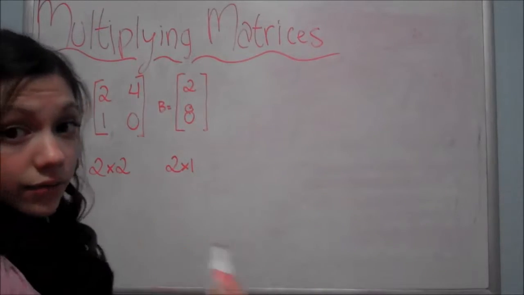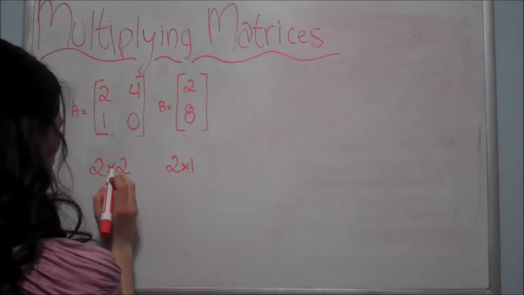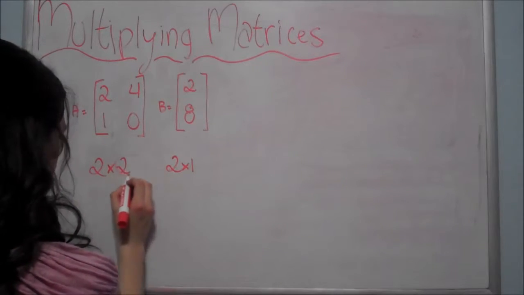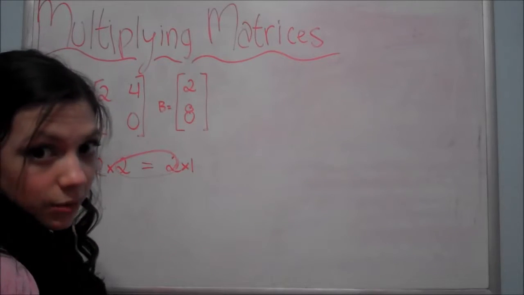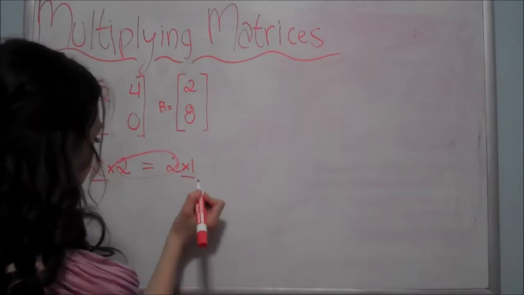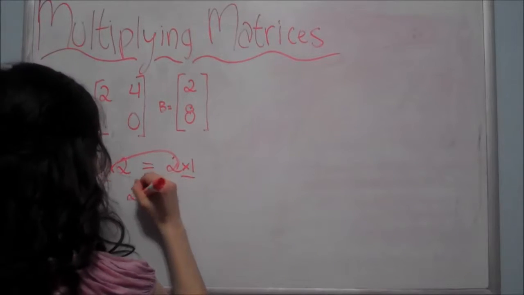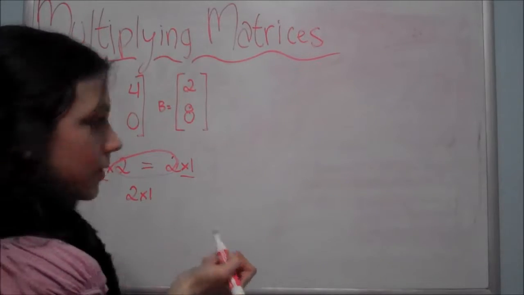To see if this is even possible to solve, we circle the last and the first of the 2, and those are equal, so that means that it is possible. And then also, we can see that the answer is going to be a 2 by 1.